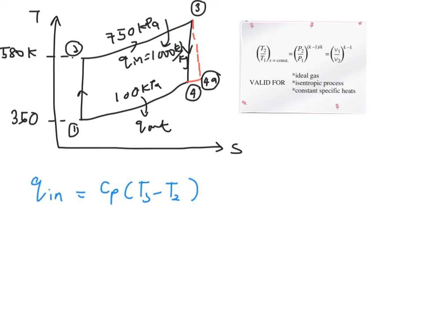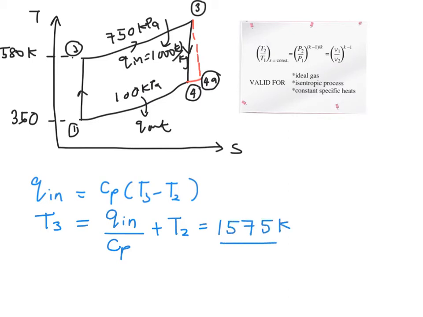So when you rearrange for your T3, you will have Qin over Cp plus your T2, and finally this will give you 1575 Kelvin.